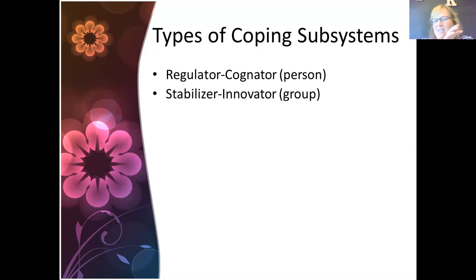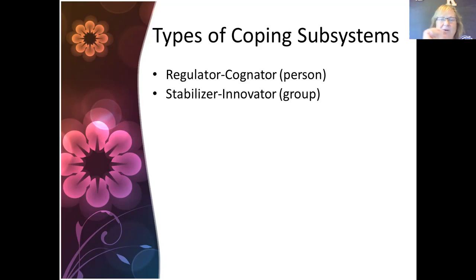And in the face of these stimuli that we're experiencing, there is activation of one subsystem of coping. If you're an individual, a single person, then it's your regulator-cognator system that is activated to support coping. If you're a family, group, or community, then it's the stabilizer-innovator subsystem that's activated.